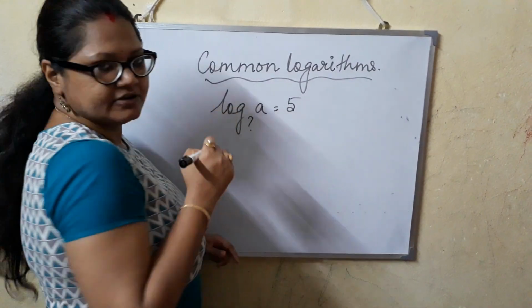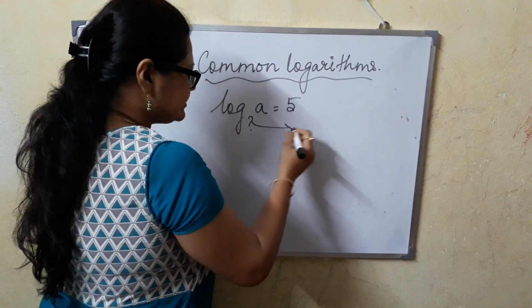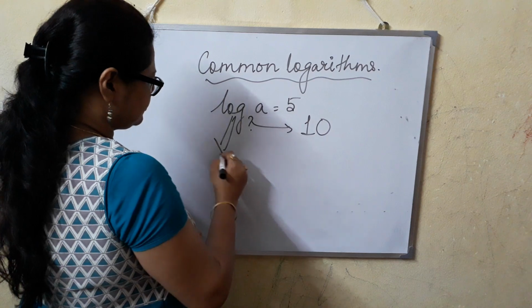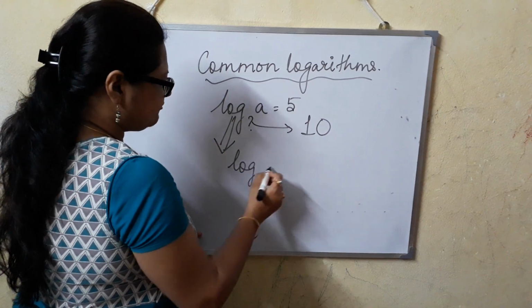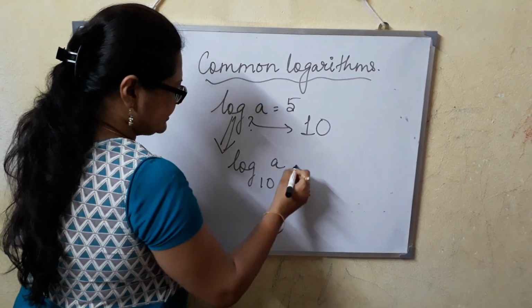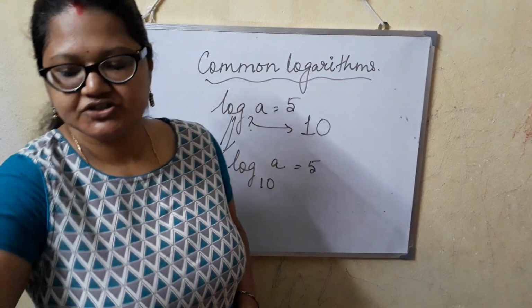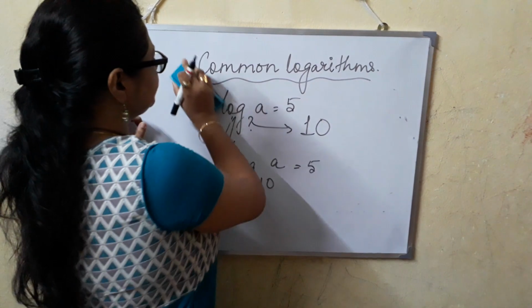No base is given. If no base is given, this is supposed to be taken as 10. This means log of a to the base 10 is equal to 5. Is it clear? Okay. So these are the few rules that you need to remember.